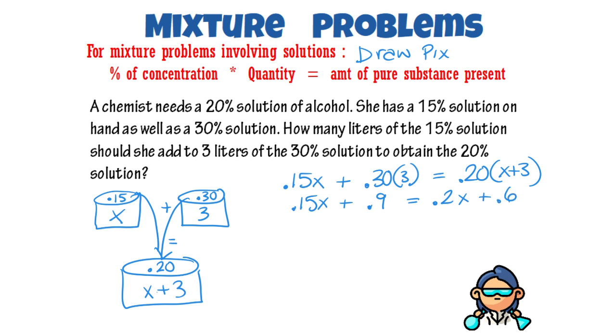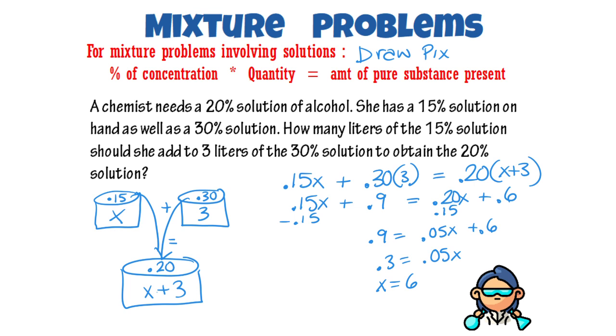Let's get our x's on one side. I'm going to subtract the 0.15. Now, you do want to kind of think of that as a 0.15 because when you subtract it, you're going to end up with a 0.05x. Now I'm going to take my 0.6 to the other side and get 0.3. Divide by 0.05. And x is going to end up equaling 6.